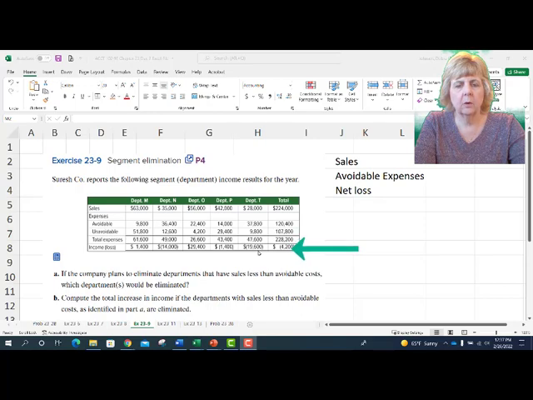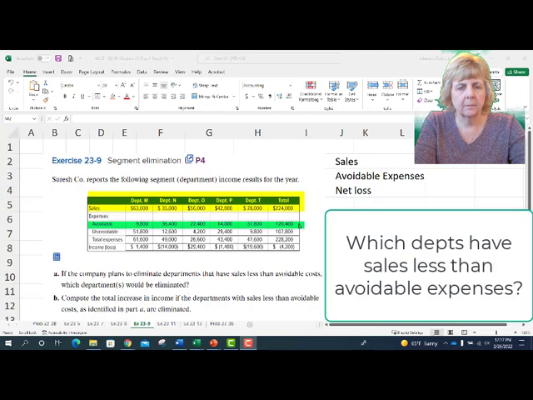However, we know a better way to decide whether a segment should be eliminated. Letter A says if the company plans to eliminate departments that have sales, this top line item, less than avoidable costs, this second line item, which departments would be eliminated? Okay, well, Department N has sales that are less than avoidable costs, and Department T has sales that are less than avoidable costs.